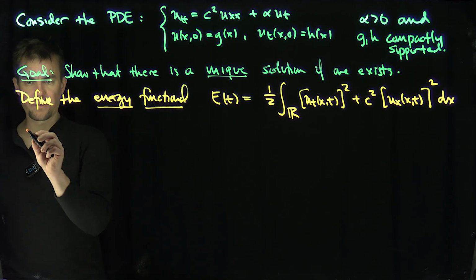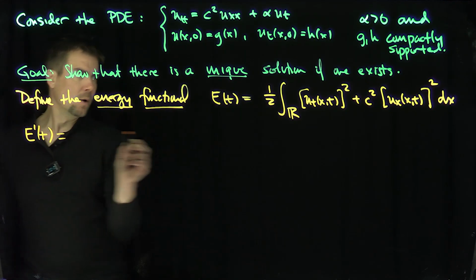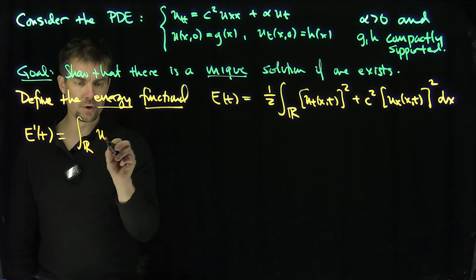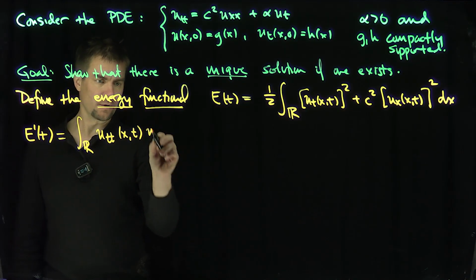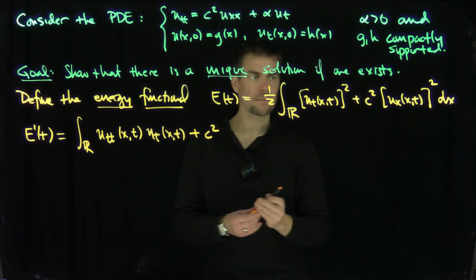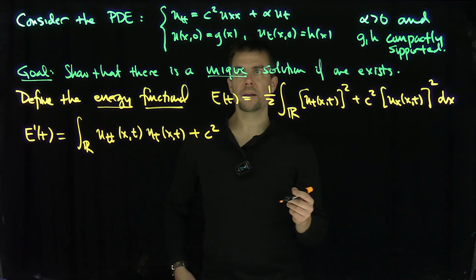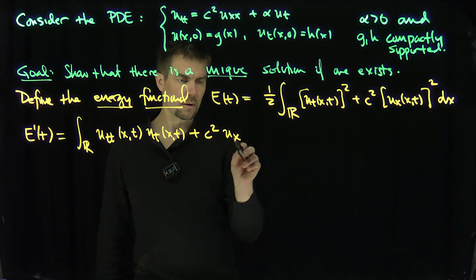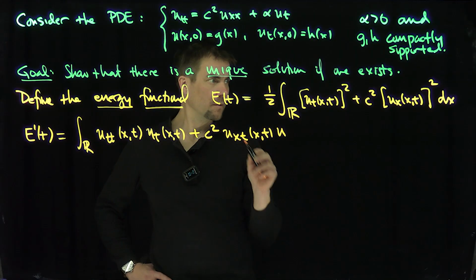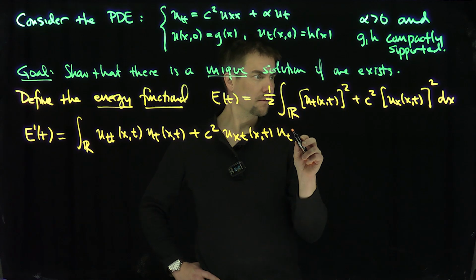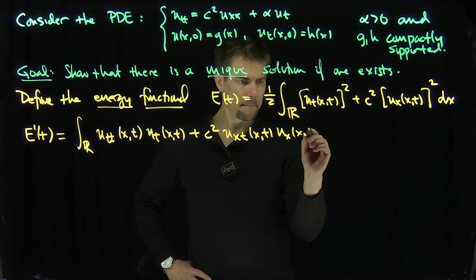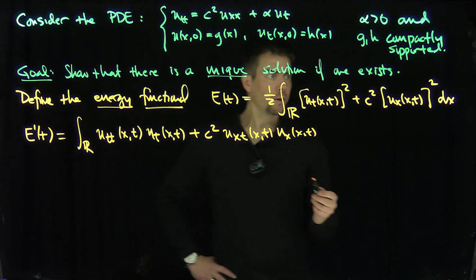Now let's take the derivative of the energy. Bringing the powers of 2 down cancels the 1/2, and we have the integral over R of u_tt(x,t) u_t(x,t) plus c squared u_x(x,t) u_xt(x,t) dx.